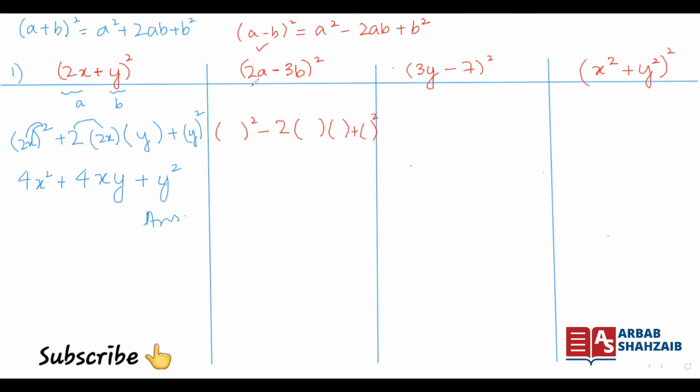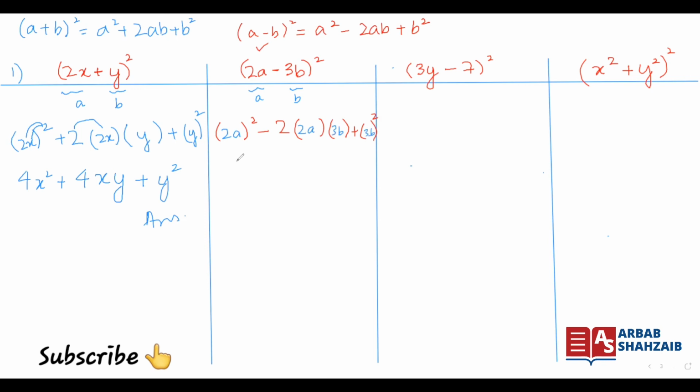So what is a here? 2a. What is b here? 3b. So we are writing the value of a, 2a, and then what is the value of b? 3b.